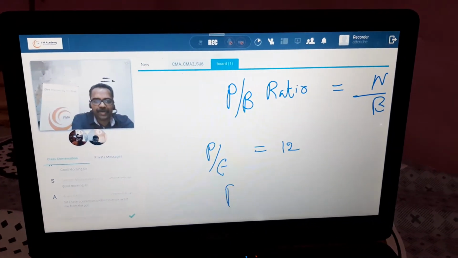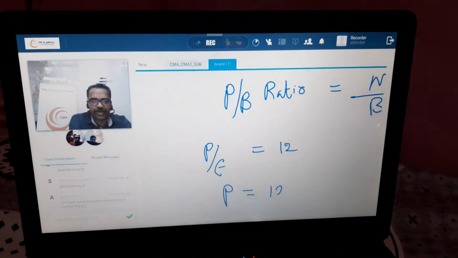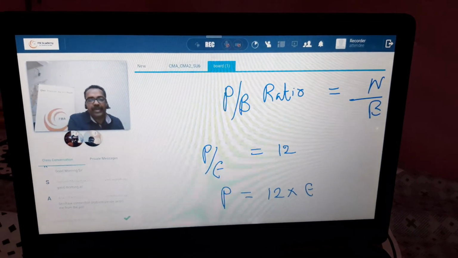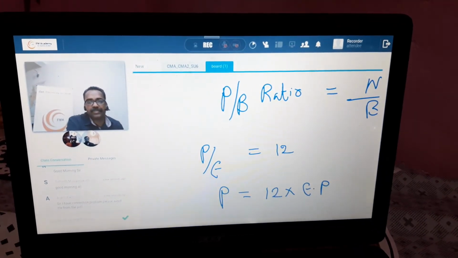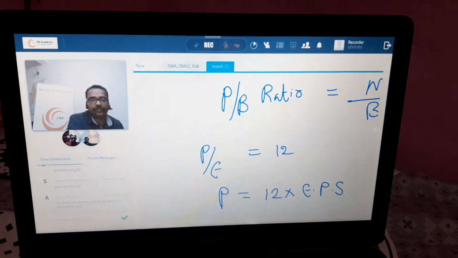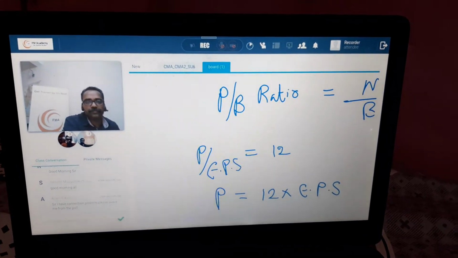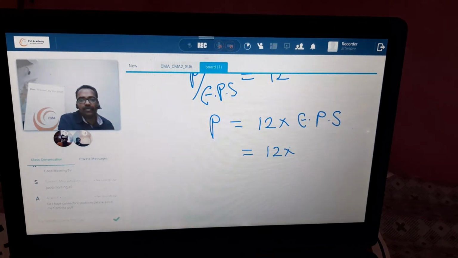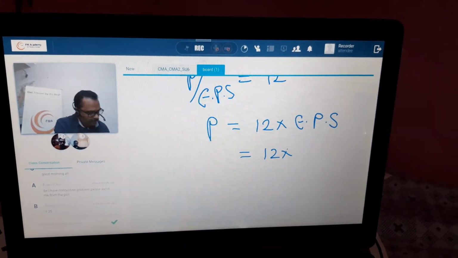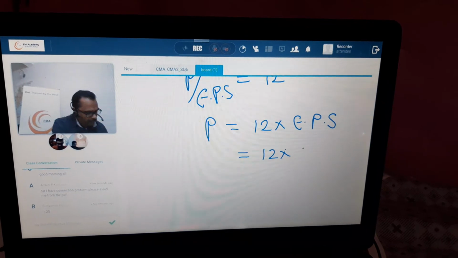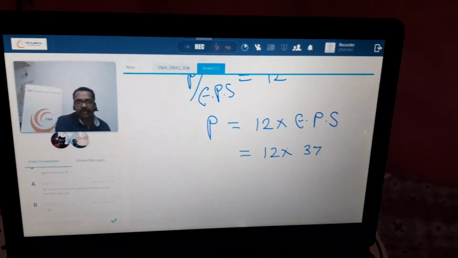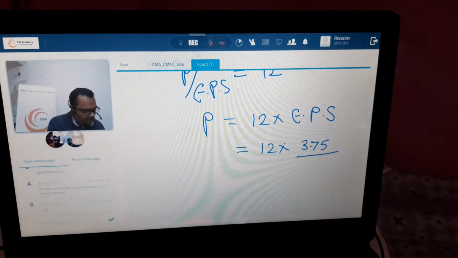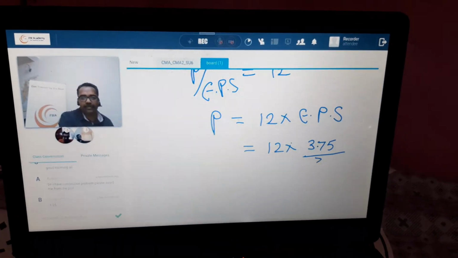So your price equals 12 into earnings. What is your earnings per share? This is EPS. Your earnings per share is net income, 3.75 million, divided by 3 million.